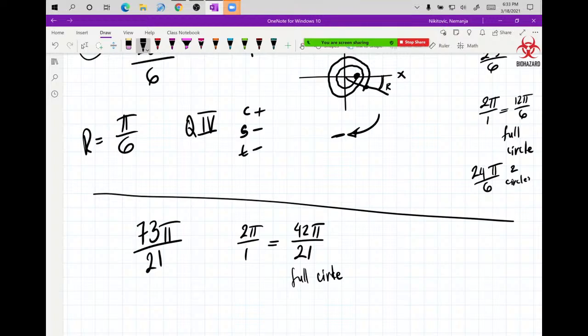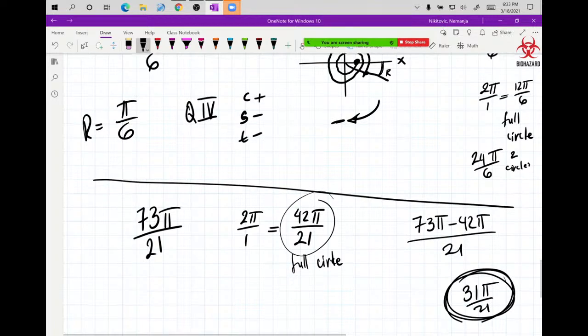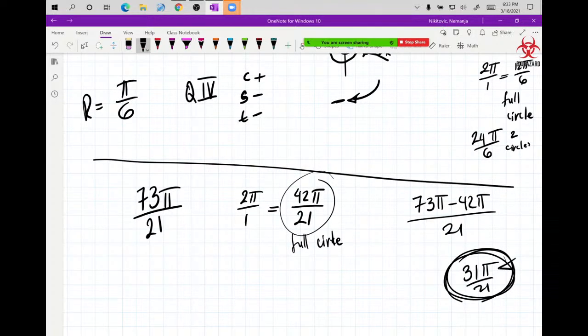So I create this one, and then I say, okay, 73 pi minus 42 pi over 21 is going to give me 31 pi over 21. Okay, now I'm back in the first circle because this is less than 42 pi, right? I can't subtract it again. So this is going to be in one of the quadrants.